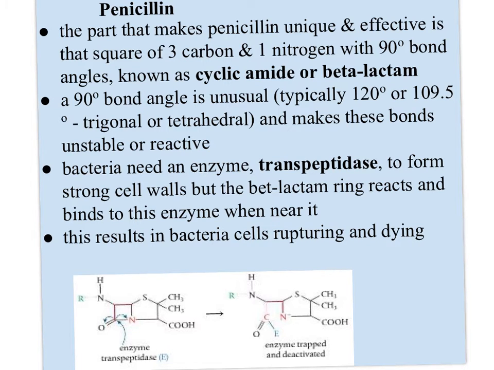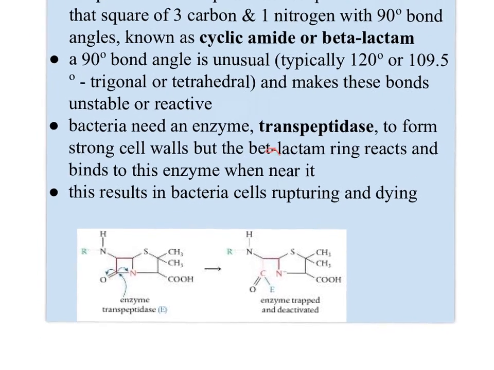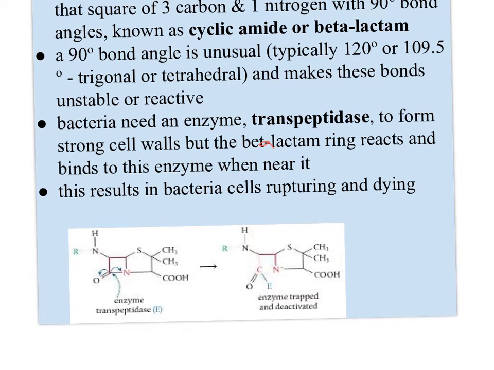So if we look at the structures down here, you see that the enzyme binds on here, gets trapped, and deactivated. This ring opens up in the process of doing that, which is fine. That was its job. But then the bacteria cell wall is going to be much weakened, and it's going to end up killing the cell or rupturing it.